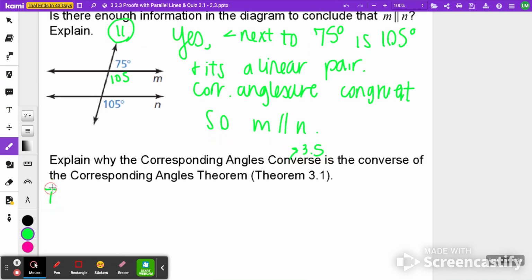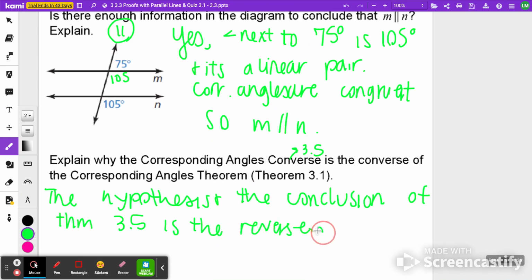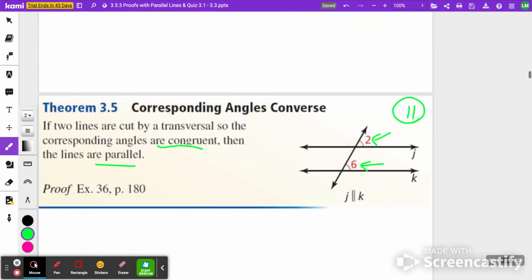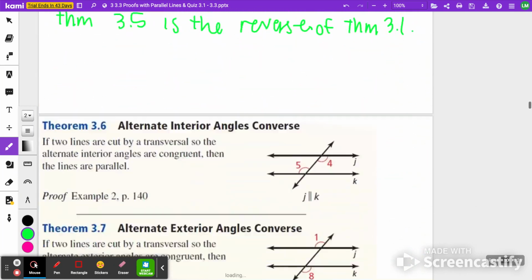The hypothesis and the conclusion of theorem 3.5 is the reverse of theorem 3.1. 3.1, if you remember, states that instead of saying corresponding angles are congruent, then they are parallel, the converse of that just says if the lines are parallel, then the corresponding angles will be congruent. So that's all that this question was having you think about.